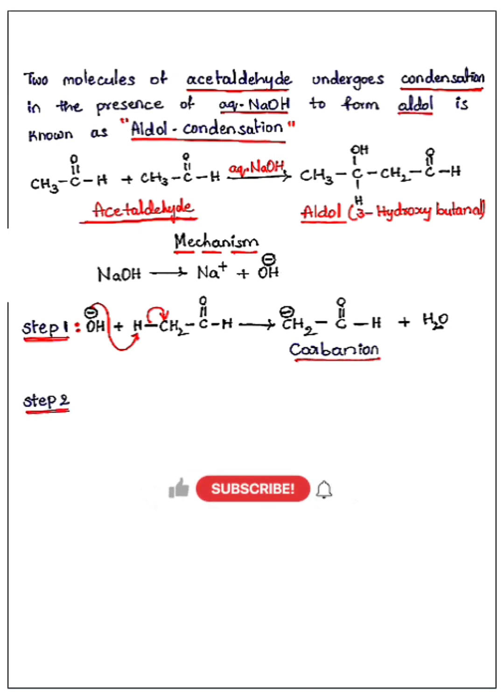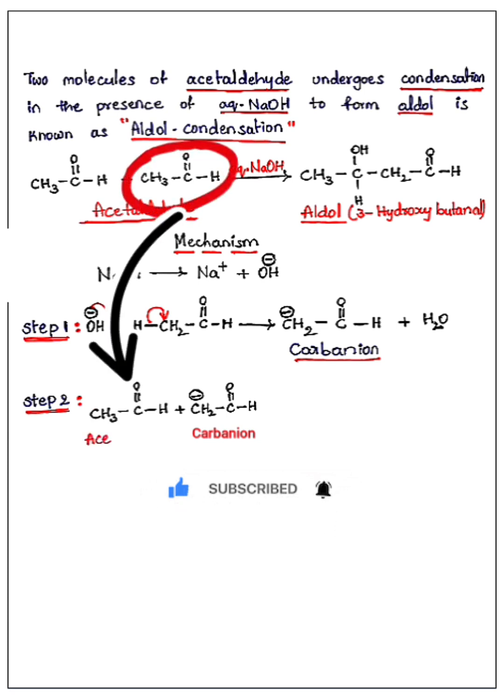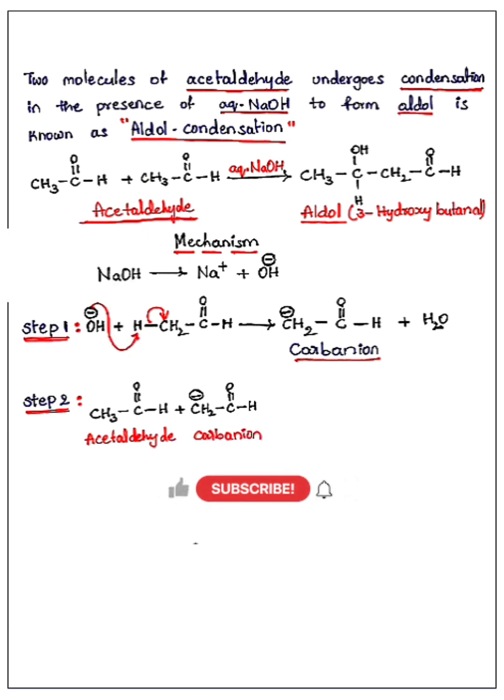We know that the carbanion is already generated in the first step. So I am taking the same carbanion here and attacking it on the second molecule of acetaldehyde. I am shifting the bond of the carbonyl group towards oxygen.